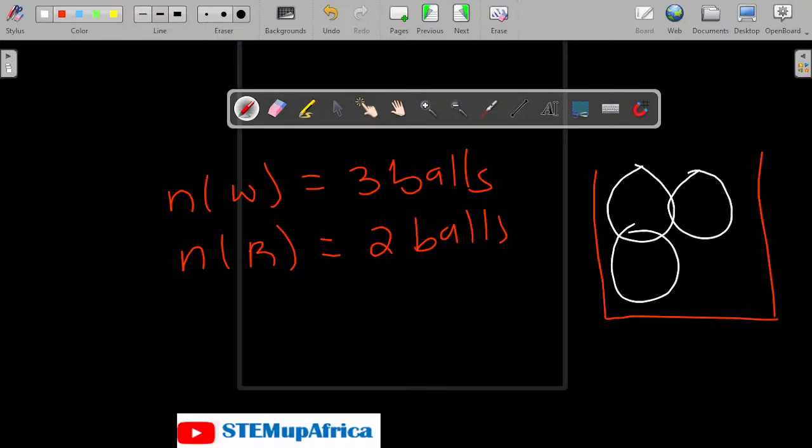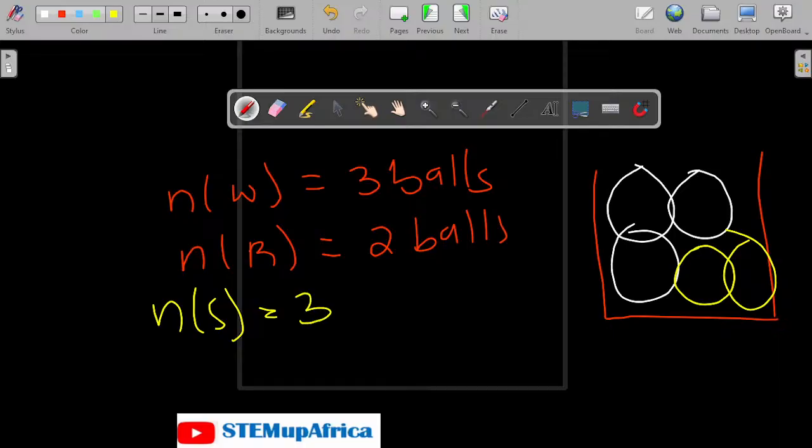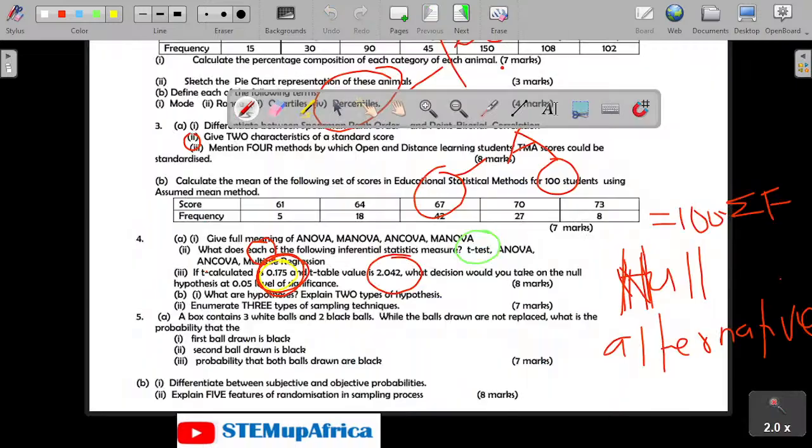Let me use yellow to represent the black balls, because I don't have a black marker in my system. So these are the balls in the bag. What is the total number of balls now? The total number of balls is called the sample space. We have 3 plus 2, which is 5 balls.